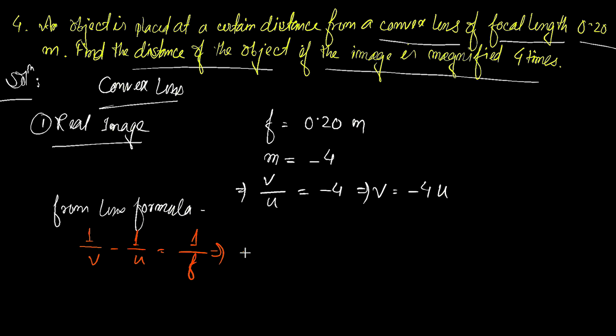We have got the value of v, so we put -4u: 1 by -4u minus 1 by u equal to 1 by f. So if you solve, 1 by f equal to -5 by 4u. Now we will put down the values. We have got 1 by f equal to how much?